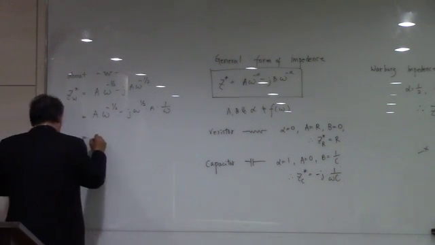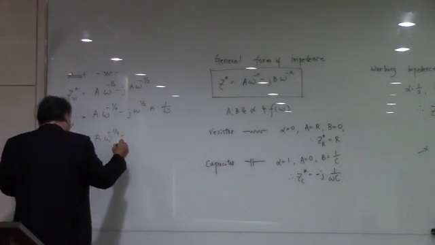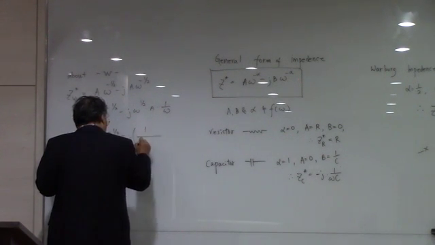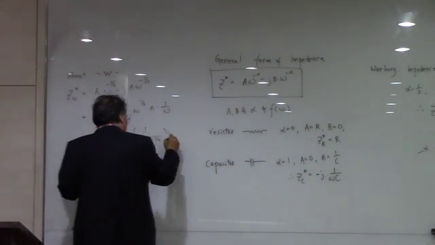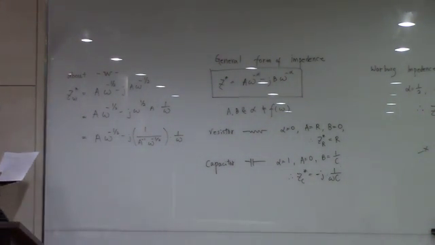And then A omega to the minus 1/2 j. Okay.